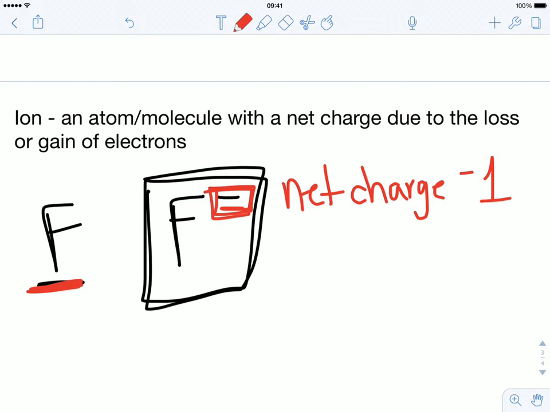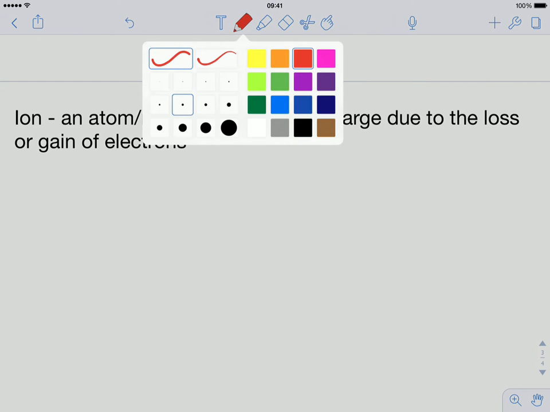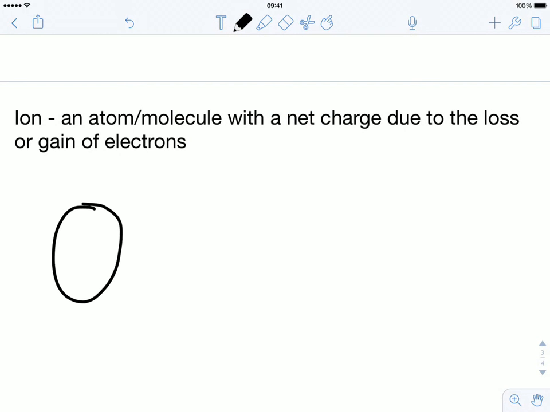Therefore, negatively charged ions are ions that have gained electrons. In this case, fluorine gained 1 electron, so it has more negatively charged particles to it. Now, if we look at another element like oxygen, this is neutral oxygen, has the same amount of protons and electrons.